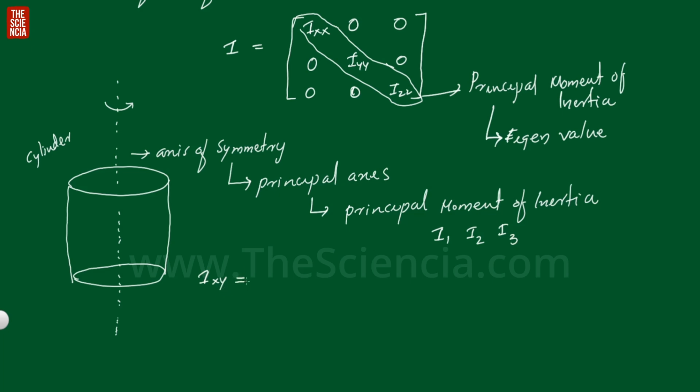I think you're remembering the equation: Ixy is minus summation m x y, Ixz is equal to minus summation m x z, and Iyz is equal to minus summation m y z.